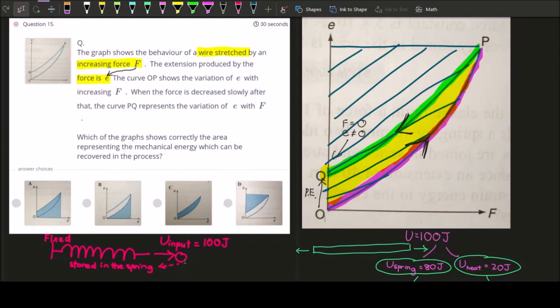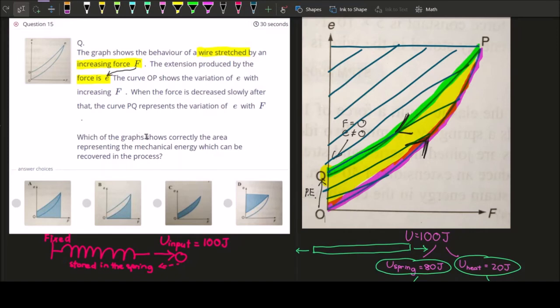Imagine this is like the spring retracting back, then you can use it to pull the ball towards that direction. Imagine when you let go, the wire shortens back. In the process of it shortening back, you can use it to drag something towards the direction where it shortens. So this is the amount you can do useful work, and this is lost as heat.